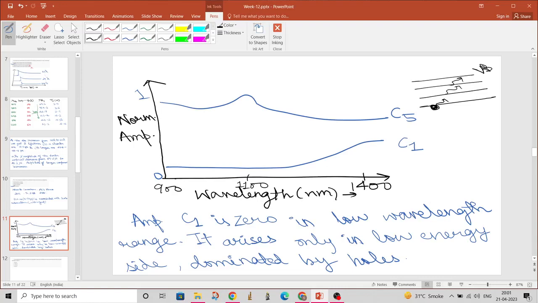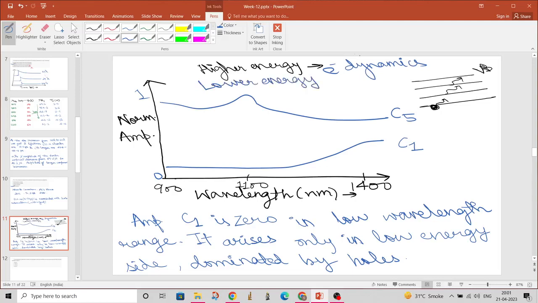And further they did experiments which concluded that higher energy is controlled by the electron dynamics, and lower energy is controlled by hole dynamics.